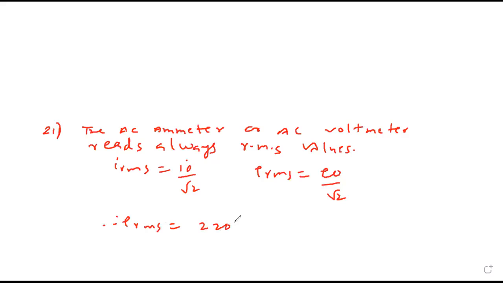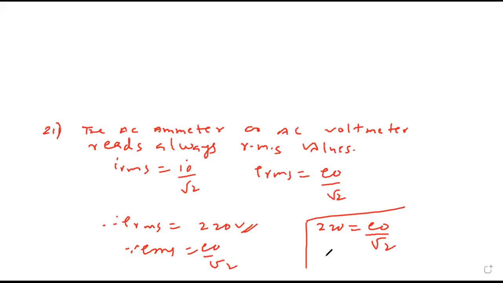ERMS है ना 220. Yes, sir. तो पीक वैल्यू मतलब E0 निकालना है. So that since ERMS equals to E0 by root 2, therefore 220 equals to E0 by root 2. Therefore E0 is 220 into 1.414. Okay. Root 2 means 1.414.